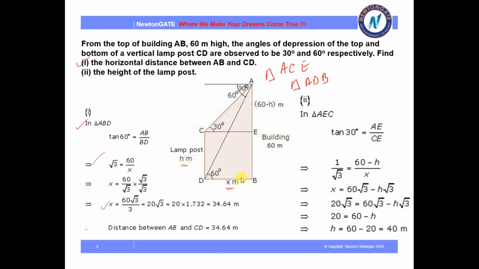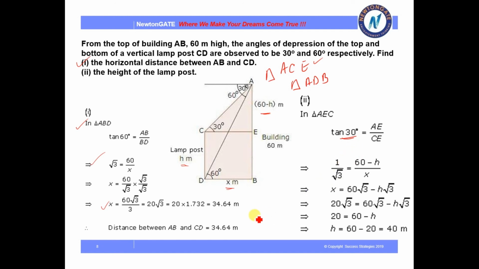Next, we need to find the height of the lamp post. To find it, we will take the next triangle, ACE. In triangle ACE, we have tan 30 as AE by CE. The value of tan 30 is 1 by root 3 and the value of AE is 60 minus h. So we have 60 minus h by the value of CE, which is x.